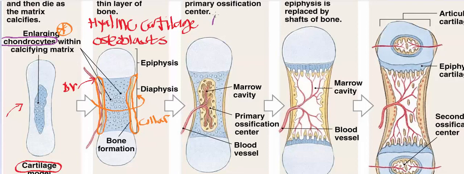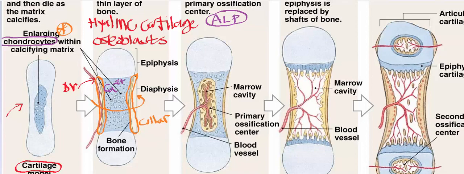The enzyme is called alkaline phosphatase, and usually they abbreviate it as ALP. Alkaline phosphatase promotes the calcification of the cartilage extracellular matrix. And so the ground substance becomes very calcified.